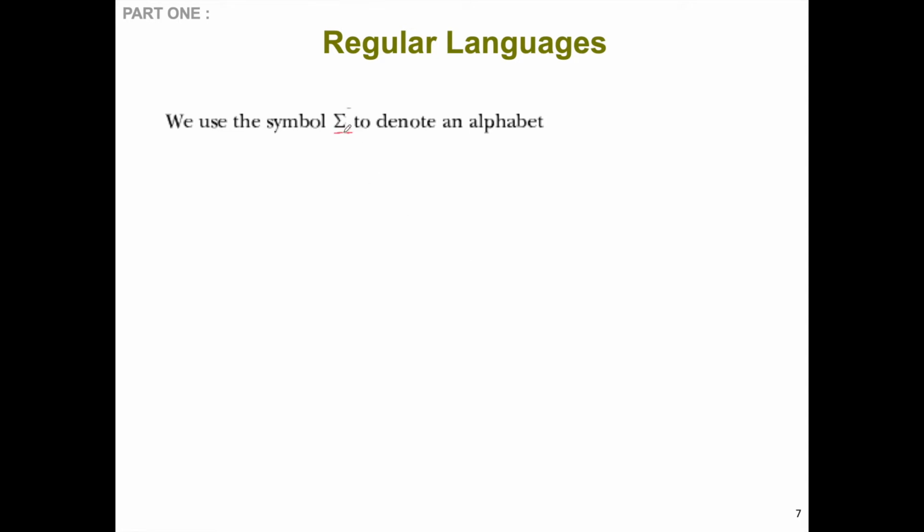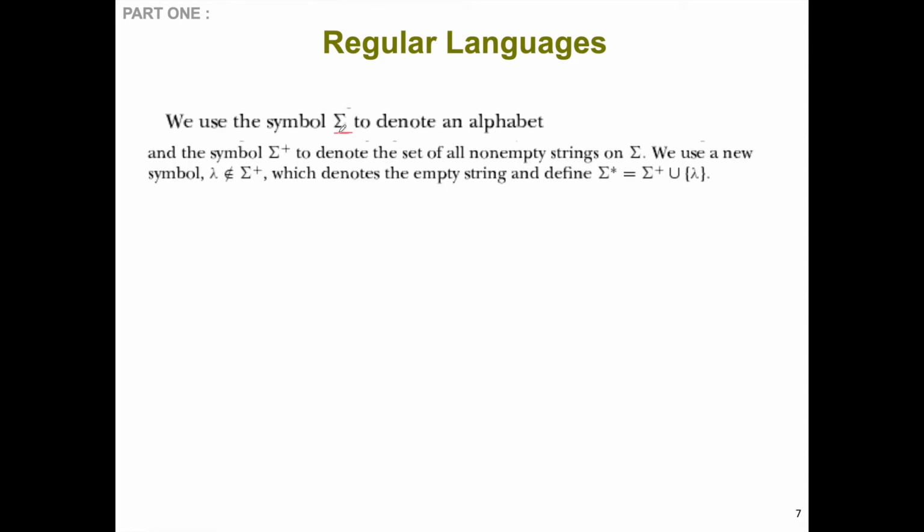Now sigma can be represented in different ways. So I can have sigma plus to denote the set of all non-empty strings on sigma. So all non-empty strings of sigma is equal to sigma plus, while the empty string can be represented using lambda. So lambda obviously is not an element of sigma plus.